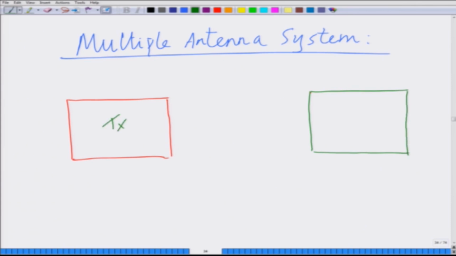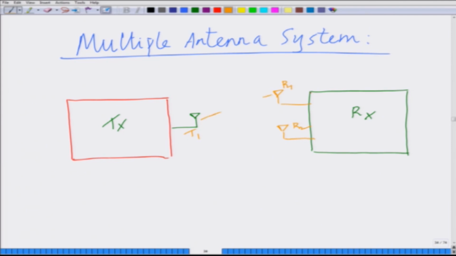Let us say I have a single antenna at the transmitter, but two antennas at the receiver. I am calling these transmit antenna 1, receive antenna 1, and receive antenna 2.